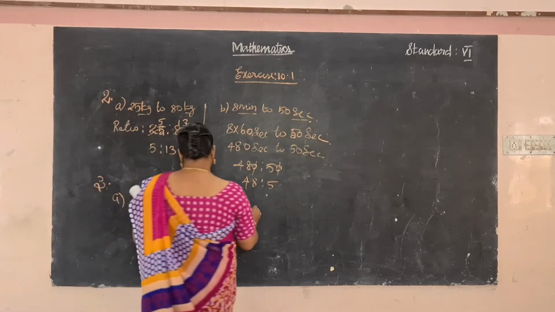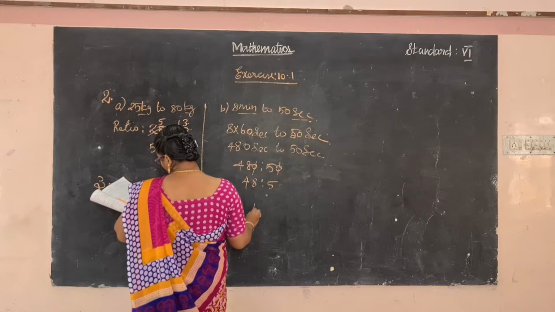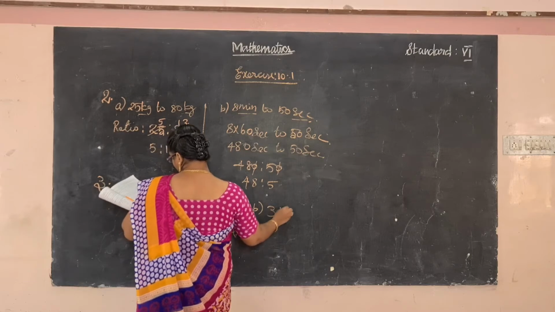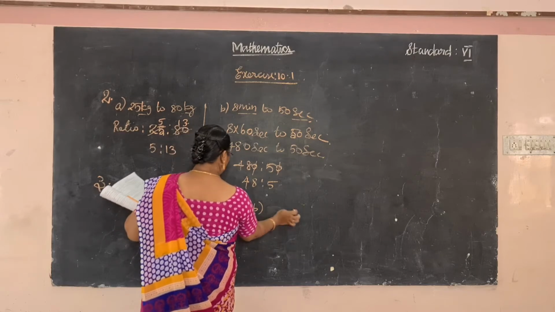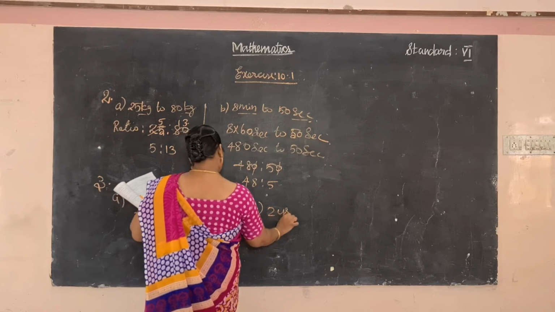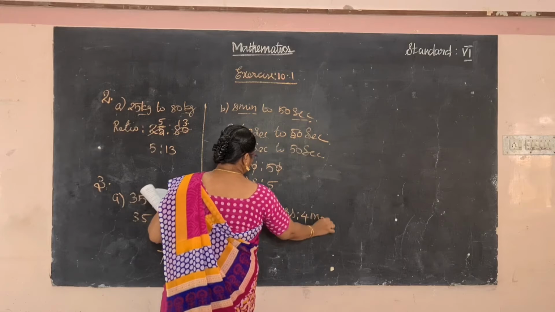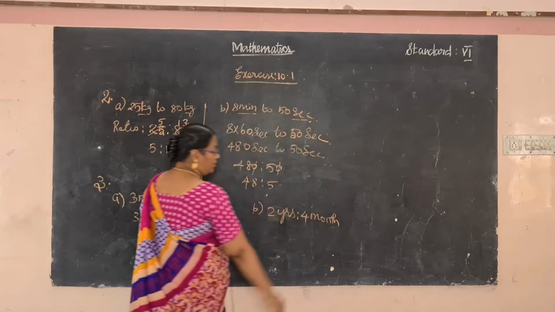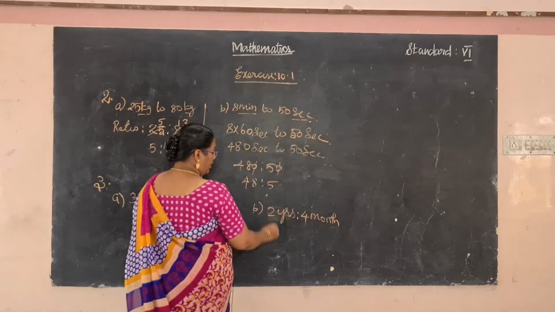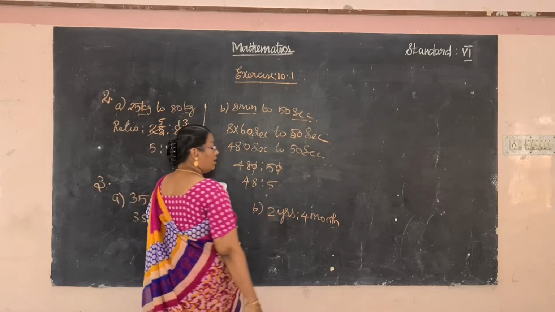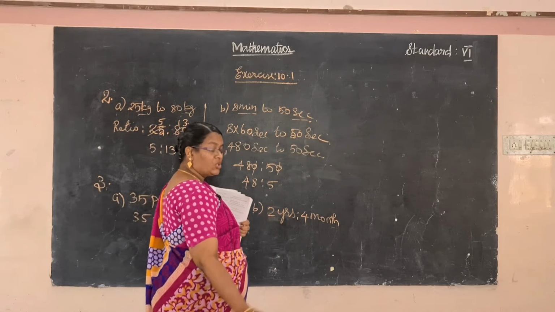Okay, and the third B problem, 2 years 4 months. Here also the units are different. Okay, so here 2 years is given. So 1 year is how many months? 12 months.